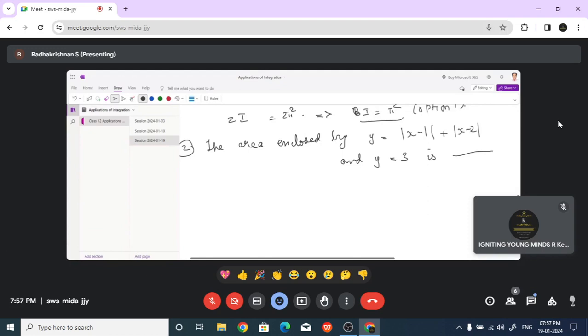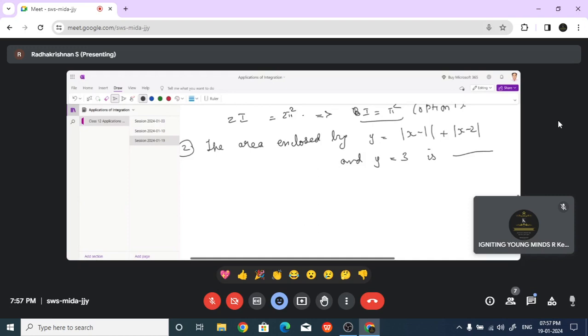Okay. See, if an equation like this is given, the different ranges are given by the critical points. For y equal to mod x minus 1 plus mod x minus 2, whatever is inside the mod, you equate it to 0.